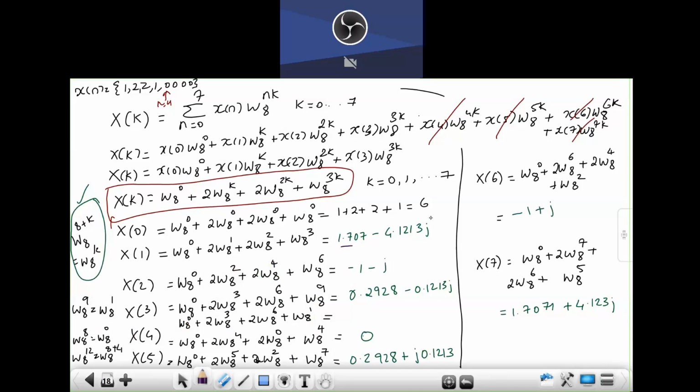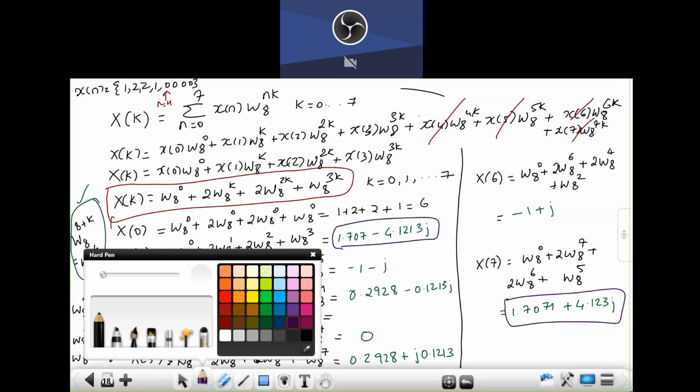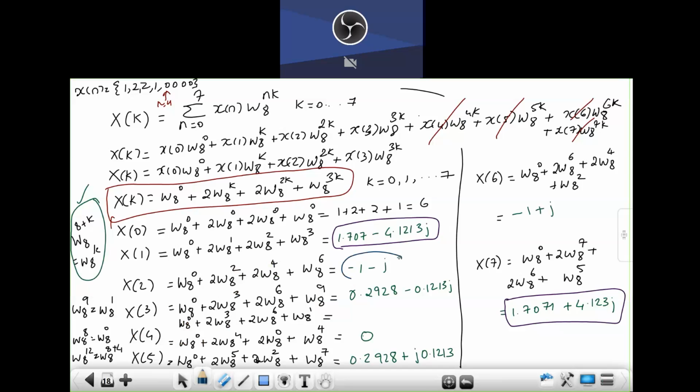See this value, and X of 1 and X of 7. It's always like that, 1 and 7, because of the N plus K concept. Always 1 and 7 will be complex conjugate. 2 and 6 will be complex conjugate, if you observe, see here. So in the next chapter, we'll be using this periodicity property.